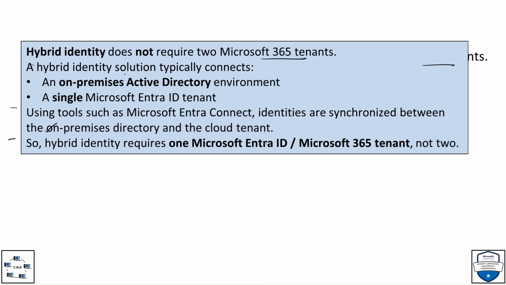A hybrid identity solution typically connects an on-premises Active Directory environment and a single Microsoft Entra ID tenant. Using tools such as Microsoft Entra Connect, identities are synchronized between the on-premises directory and the cloud tenant. So hybrid identity requires one Microsoft Entra ID / Microsoft 365 tenant, not two.